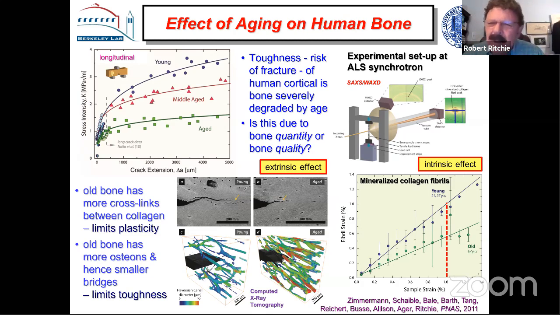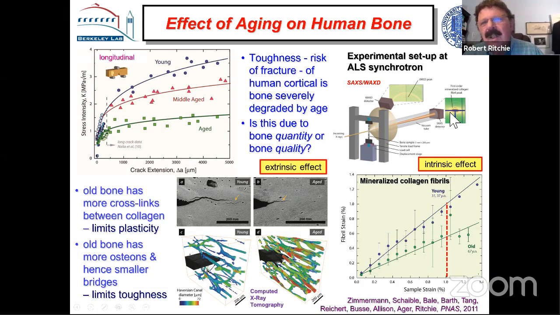That's not so important here, but the small angle X-ray scattering looks at the collagen. And the collagen, if you remember, I said had mineral deposited on it, and it has a particular spacing. It's called the D spacing, and it's about 64 nanometers. And that acts as a little nanoscale strain gauge. So we can measure the strain in the collagen from the small angle X-ray scattering measurement.